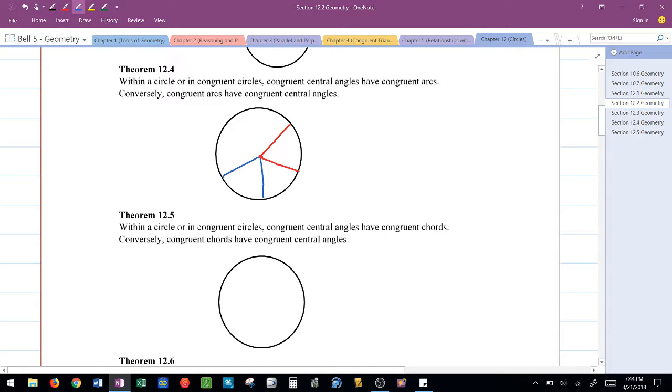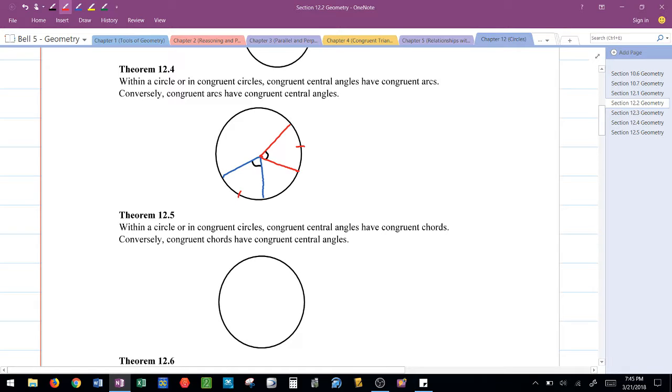What this theorem is saying is if this angle is congruent to this angle, then their corresponding arcs must also be congruent. Conversely, if the arcs are congruent, the angles must be congruent as well.